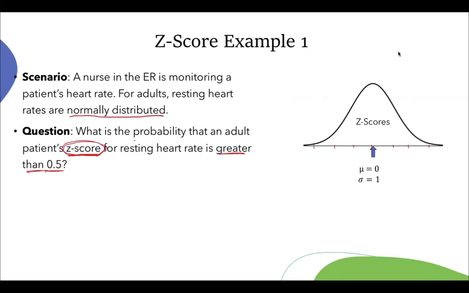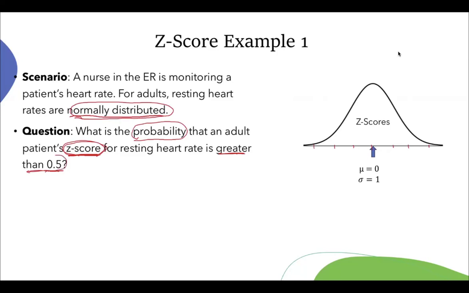So now if we're asked to find a probability using the normal distribution, we need to use normal CDF. That's our tool for figuring out probability with the normal distribution. So let's shade in the area in question.